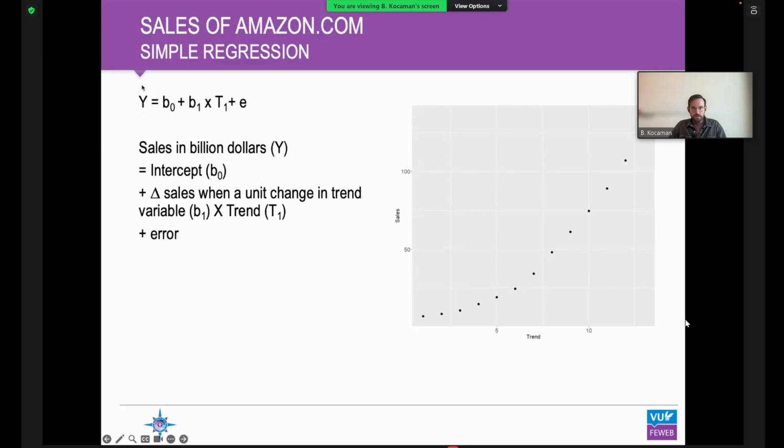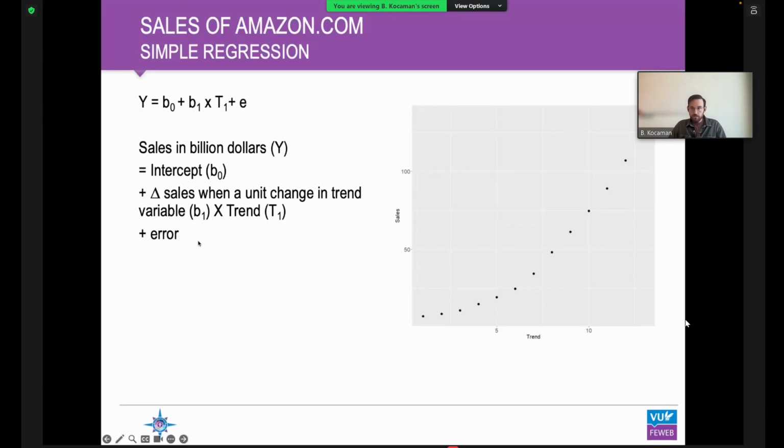So y, the sales, is equal to beta 0 plus beta 1 times trend plus an error term. And this beta 1 will represent the change in sales when there is a unit change in the trend variable.